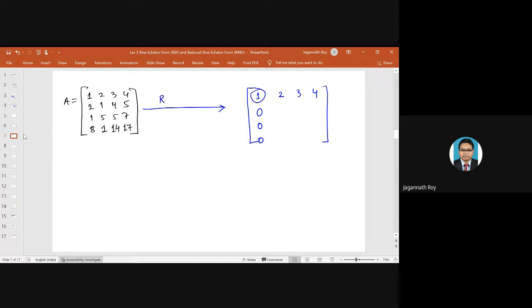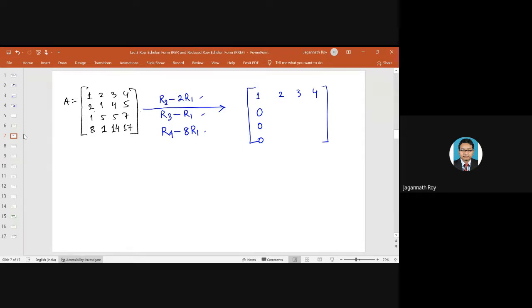We need to do R2 minus 2 times R1, then R3 minus R1, and then R4 minus 8 times R1. So all the 3 row operations you are doing together. Now you can just simplify.